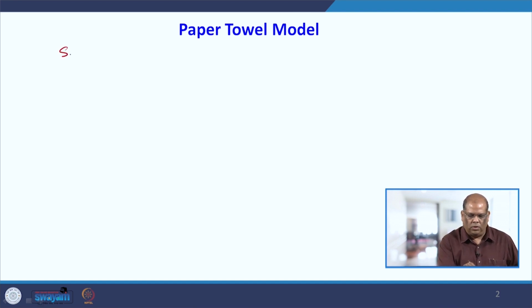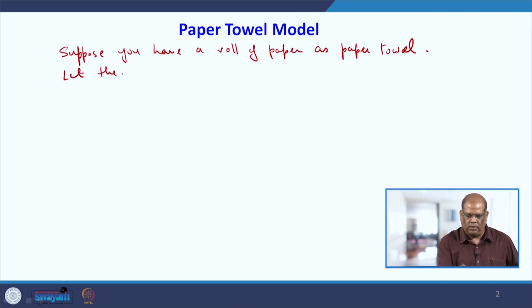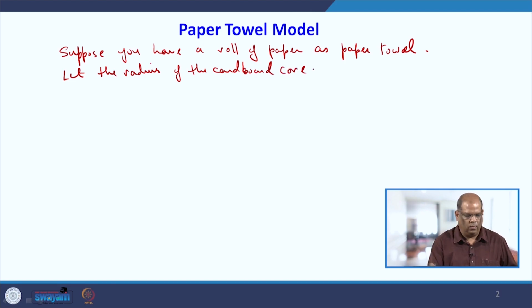So, suppose you have a roll of paper as paper towel. So, we are formulating the problem first. Let the radius of the cardboard core be 0.5 inch.